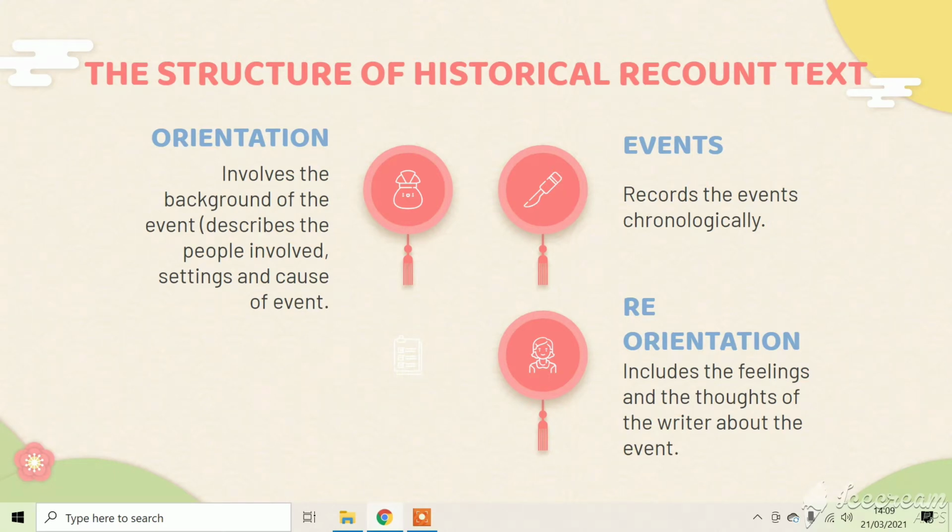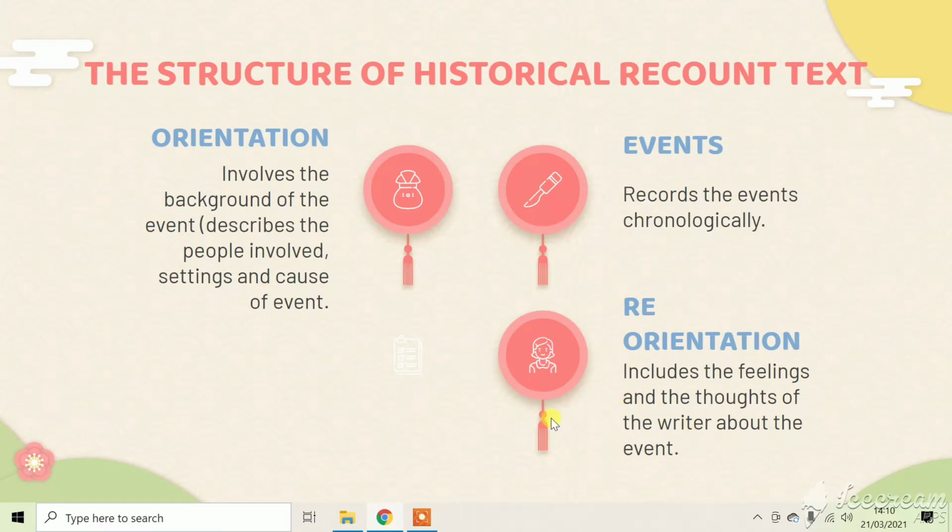So we have to tell the events in order based on which one happened first, and then second, and then after that until the last, something like that. And the last of the structure of this text is called reorientation.